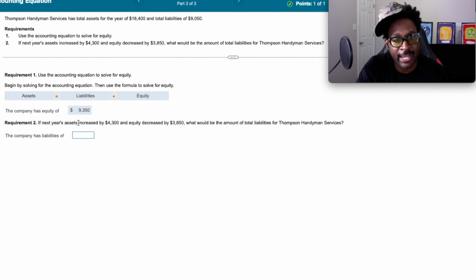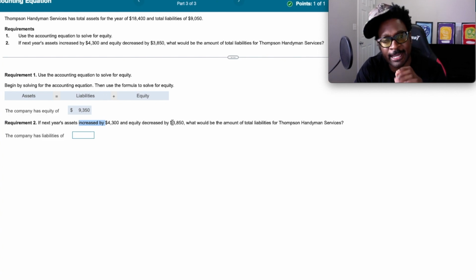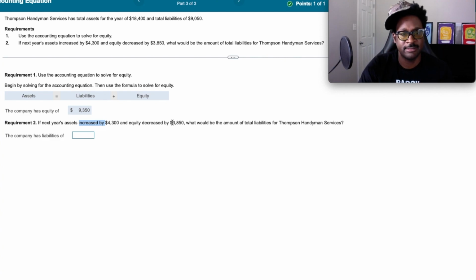It seems as though our assets have gone up in value by $4,300. However, our equity went down by $3,850. And so in order for us to first calculate the liabilities, we must adjust our pre-existing balances.